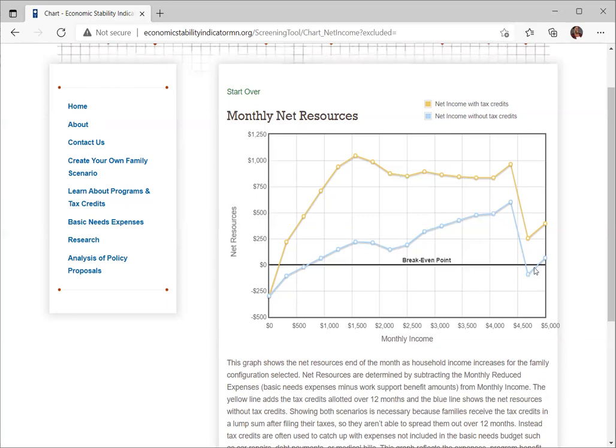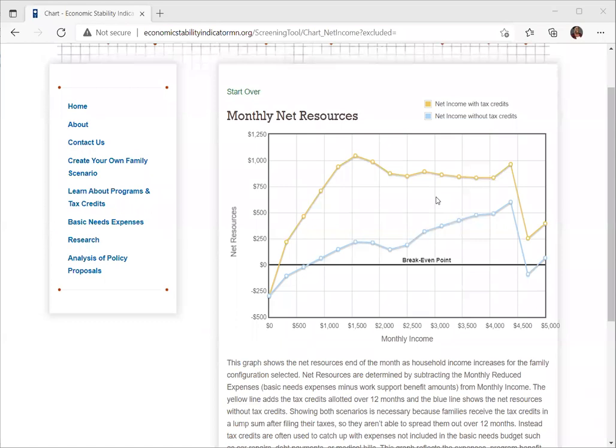And you see here that because they lost childcare and medical assistance and WIC at the same time, this puts the family back below their break-even point. So that means that they're barely even breaking even with what they're bringing in versus what their expenses are. And because this family had young children, the loss of childcare and the loss of medical assistance for children, as well as the loss of WIC, all combined, makes for a very, very steep benefit cliff.